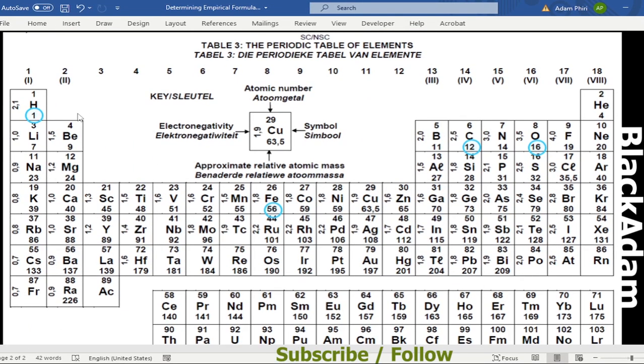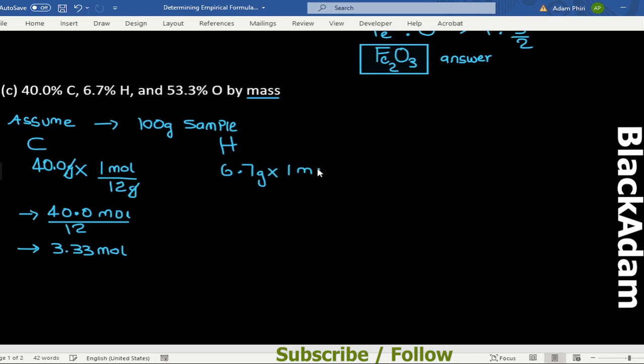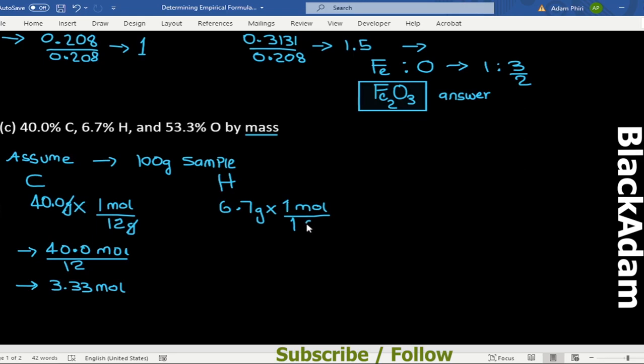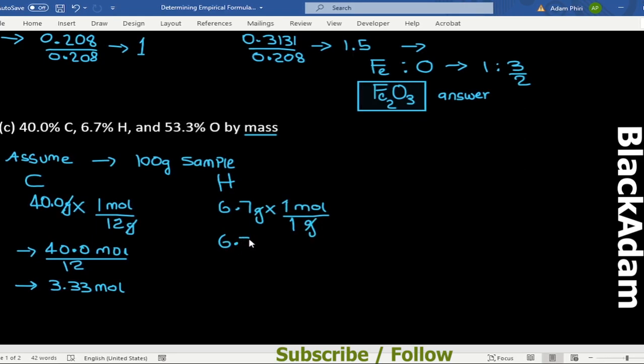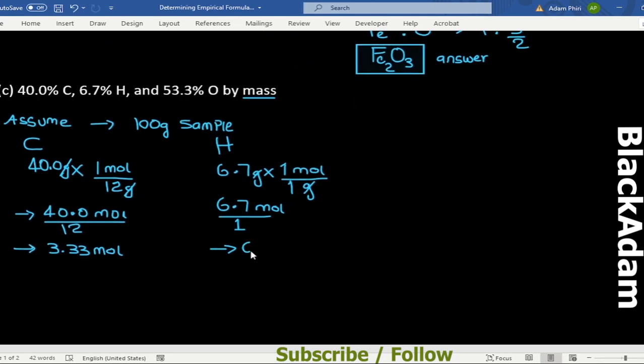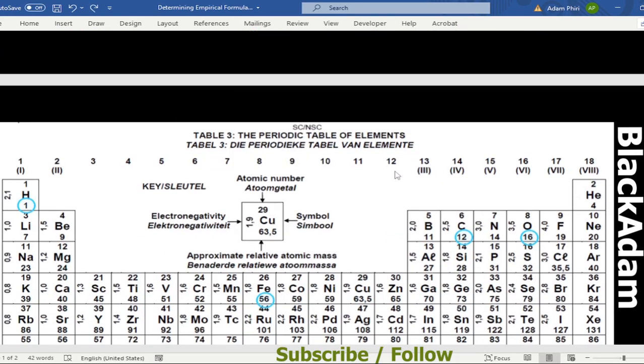And then hydrogen is 1, so for hydrogen we have 6.7 grams multiplied by 1 mole over 1 gram. The grams cancel out, so it's 6.7 moles of hydrogen. And then we move on to oxygen.